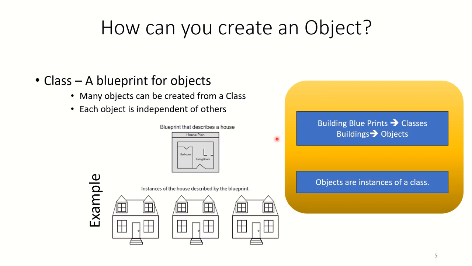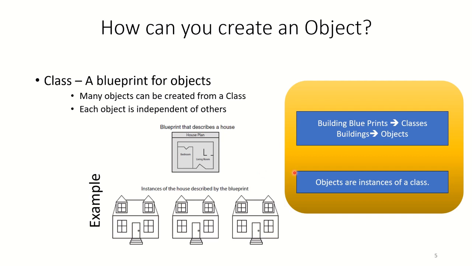Now we want to know how we can create an object. Let's try to understand by an example. Now we are all familiar with buildings. So when a building is built, an architect typically makes a plan or blueprint first. Then the builder builds the building out of that blueprint. The same blueprint can be used to build a lot of buildings.